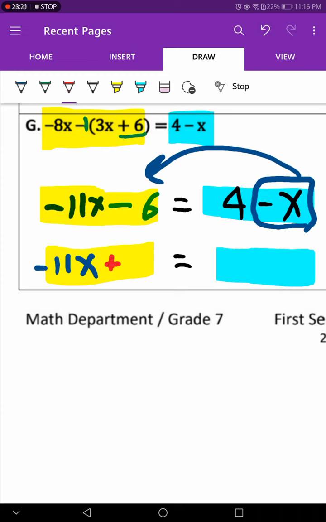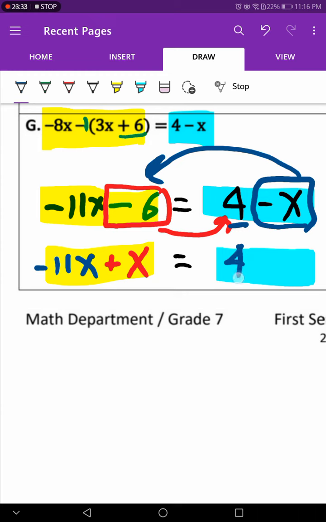Pay attention. So it is plus x, and I will throw this one to the right side, but before that let me write the old one here. So it is 4, and the newcomer will be 6, not negative 6. So how do I write it? Positive 6. Plus 6, great.